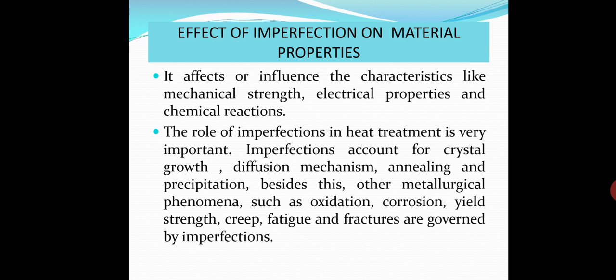While discussing heat treatment, we will discuss this role of imperfections on crystal growth and diffusion mechanism, and annealing and precipitation are a type of heat treatment process. So it will be discussed in detail later, but however, the role of imperfections is of importance for these areas, heat treatment and other metallurgical phenomena.